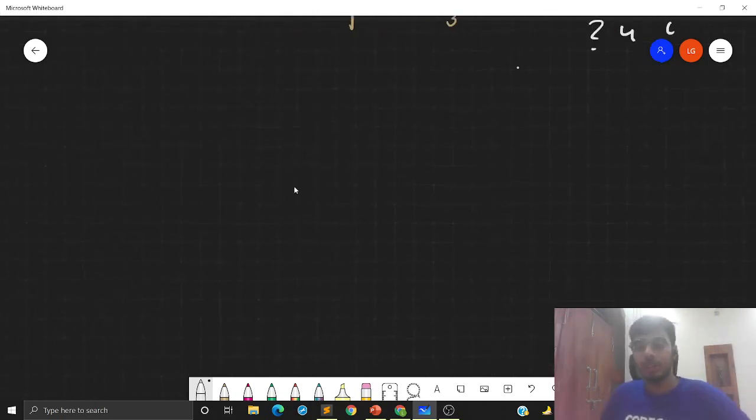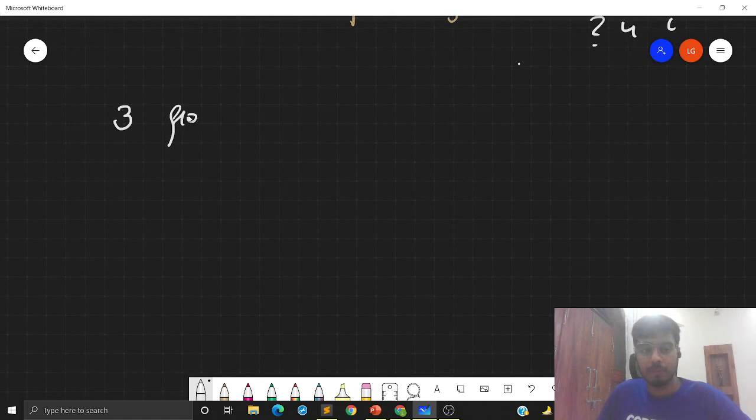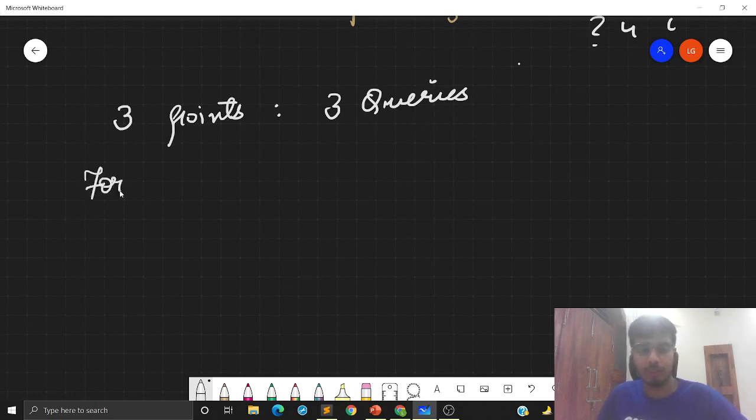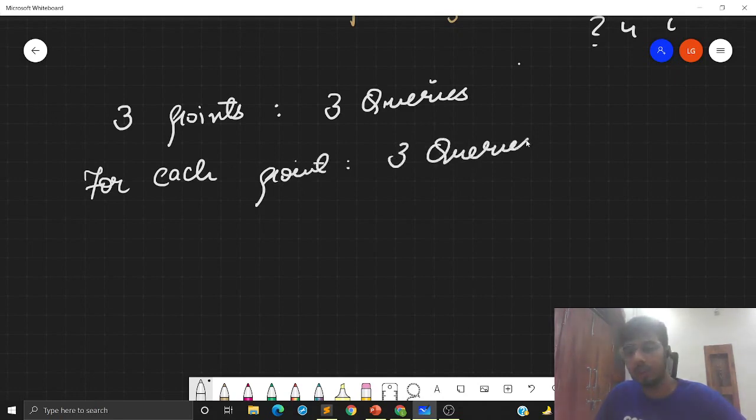So to summarize, for the first 3 points, we have asked 3 queries and we were able to get the exact coordinates of these points. After that, for each point, we have asked 3 queries and we were able to get the exact coordinates of those points.